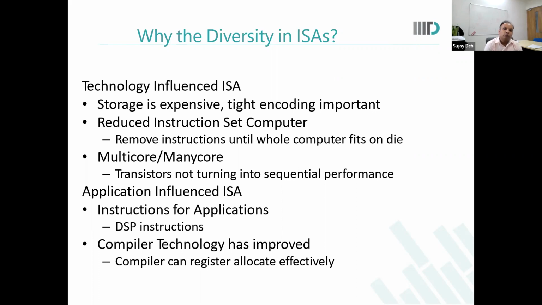You don't want a new computer which can't run some old files or old programs. Then the acceptability of that new computer will be very, very limited. So to maintain all this backward compatibility, you will not change the ISA drastically, but there is diversity in the ISA, and that diversity comes primarily because of all these reasons.